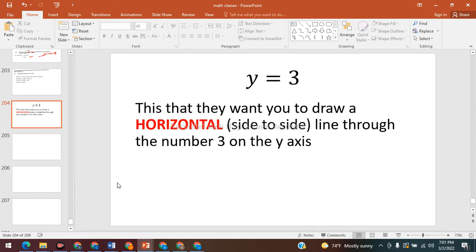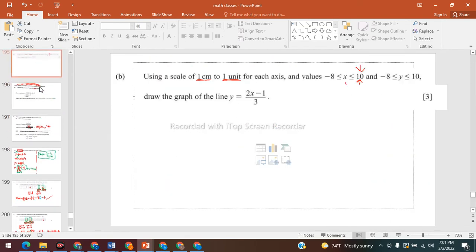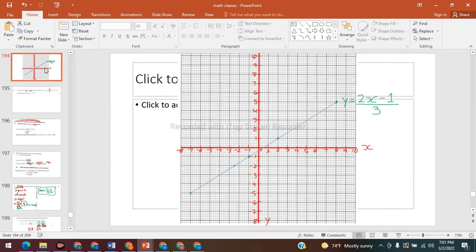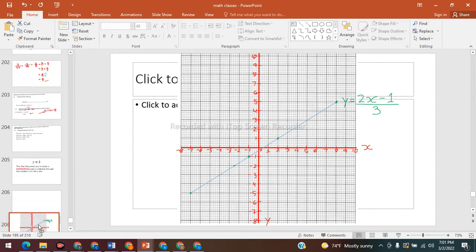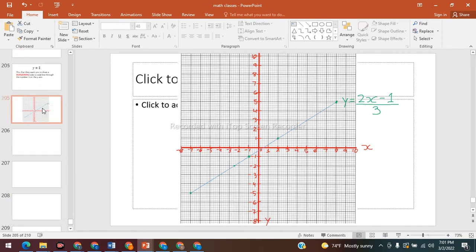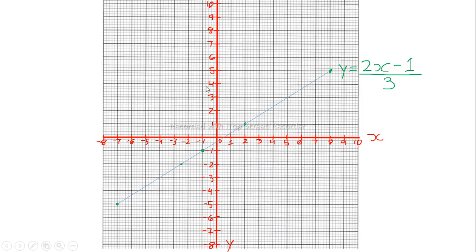So we're going to take our graph as before, the same graph that we have. Are we using that same one? Yes, the same graph, that's what they said. So on the same graph, we have to draw a horizontal line that goes through 3.